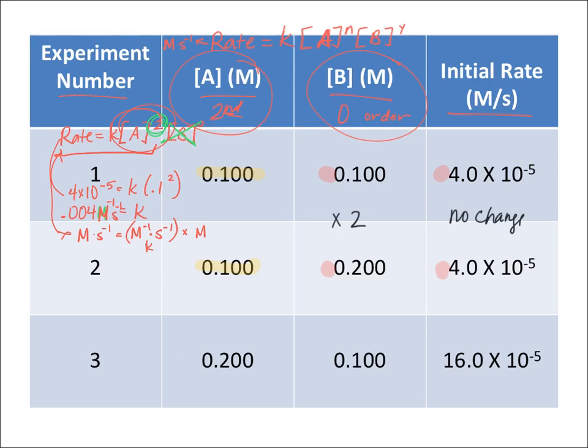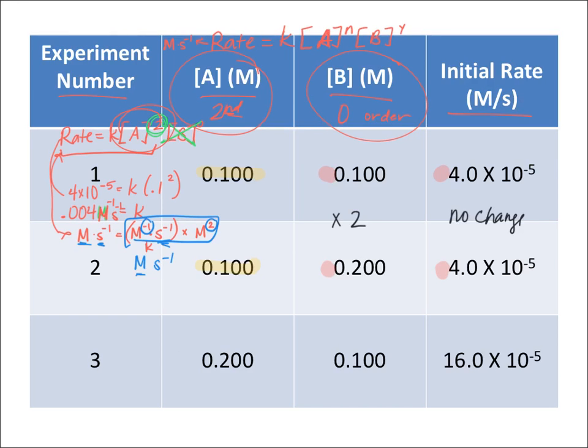If we square that, we have molarity squared. So when we put together all of these units on this side of the equation, the molarity to the negative first and the molarity to the second power even out to molarity to the first power, which is the same as it is on the rate side. And then we have the seconds to the negative first power, which is what we have on the other side as well. So you need to be able to calculate the rate constant as well as writing the correct unit. That's always going to be part of that portion of a question.